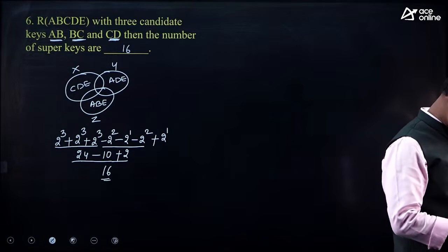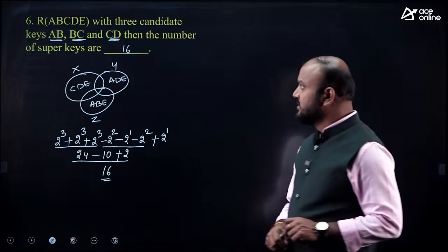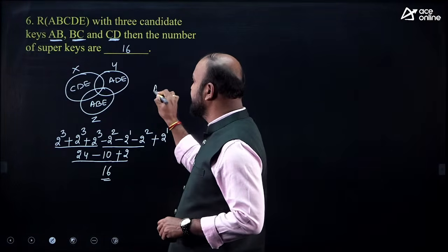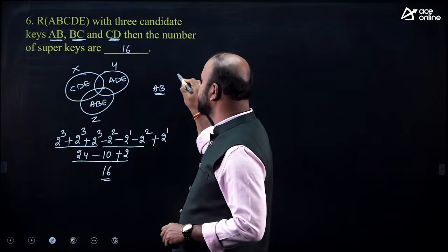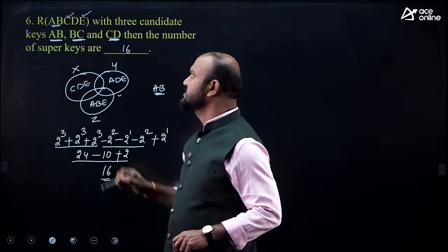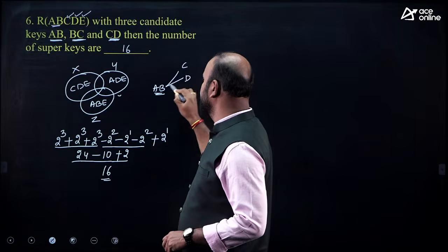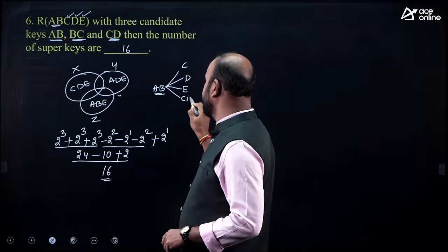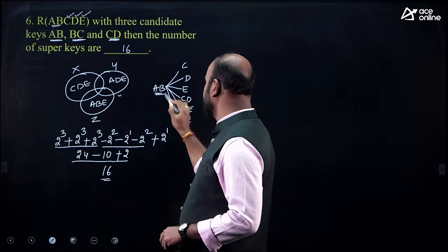Ankit Singh, how have you chosen CD, ABE? So Ankit, when AB is a candidate key, to find the super keys, we have to check the combinations with CDE, the other attributes. So with C, with D, with E, with CD, with CE, with DE, and with CDE.